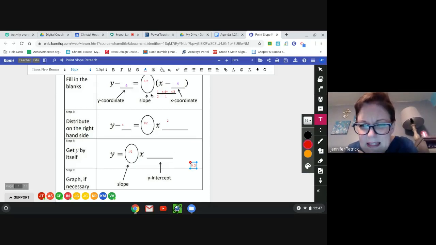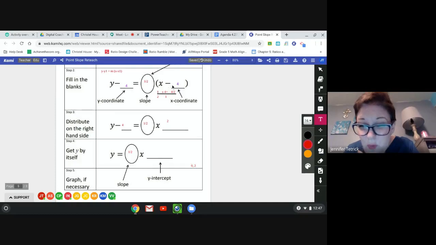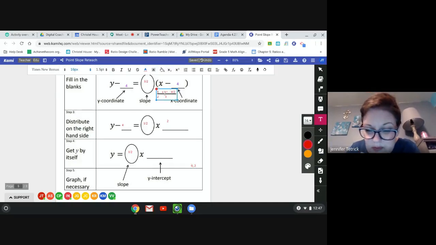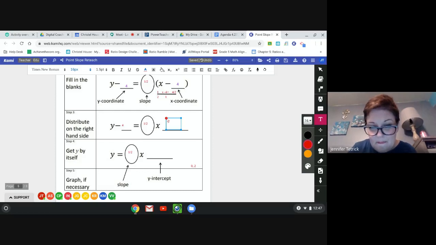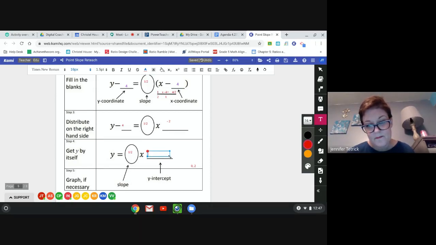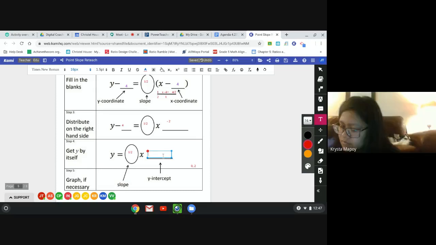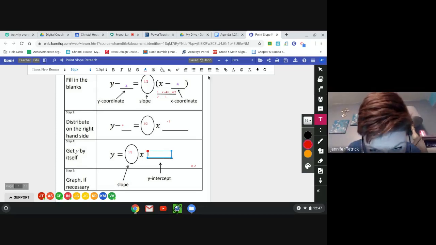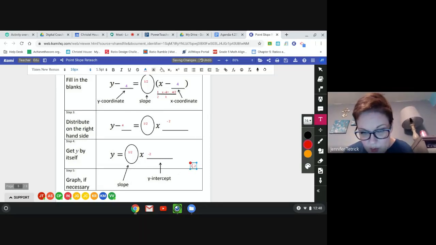But wait a second, Bob. This is -4. So this should have been multiplied by -4, and this should have been a -2. So is it +2 or -2? Yeah, -2. So our intercept is actually 0, -2.